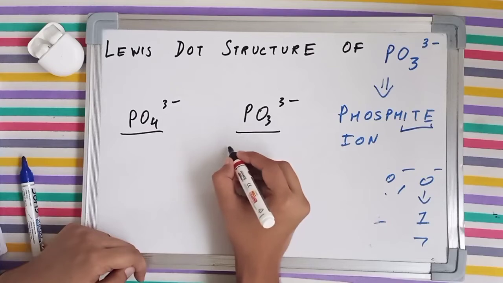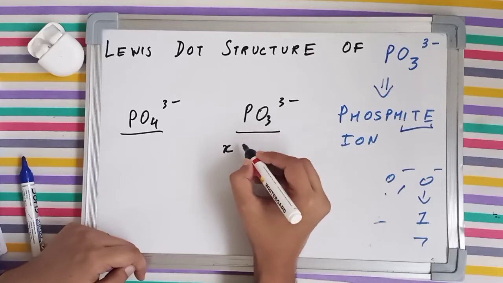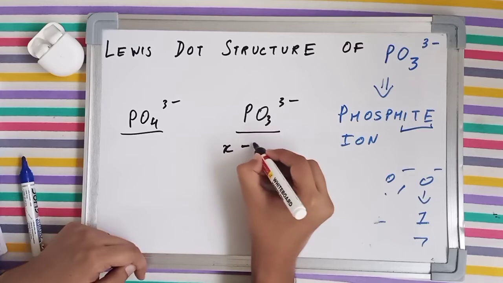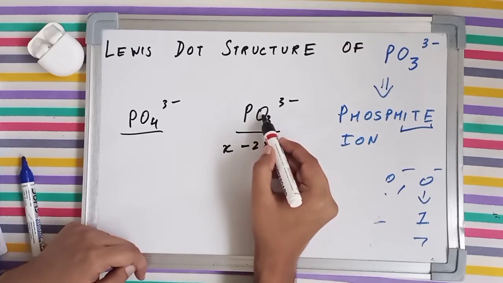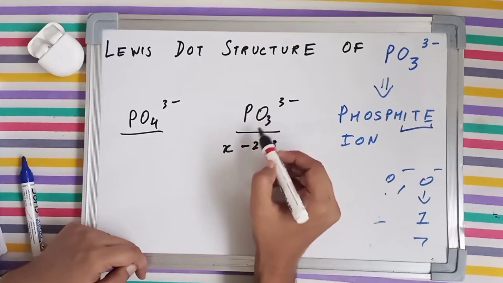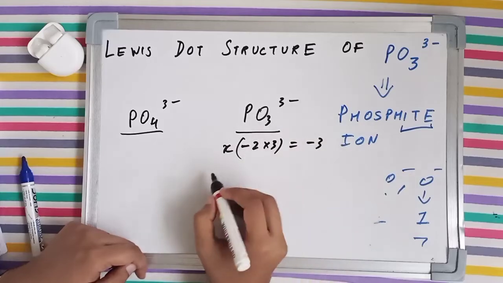So phosphorus here has the oxidation state, let's say X. Oxygen has a -2 oxidation state generally speaking, not always, but still -2, and we have 3 atoms of oxygen, so -2 into 3.